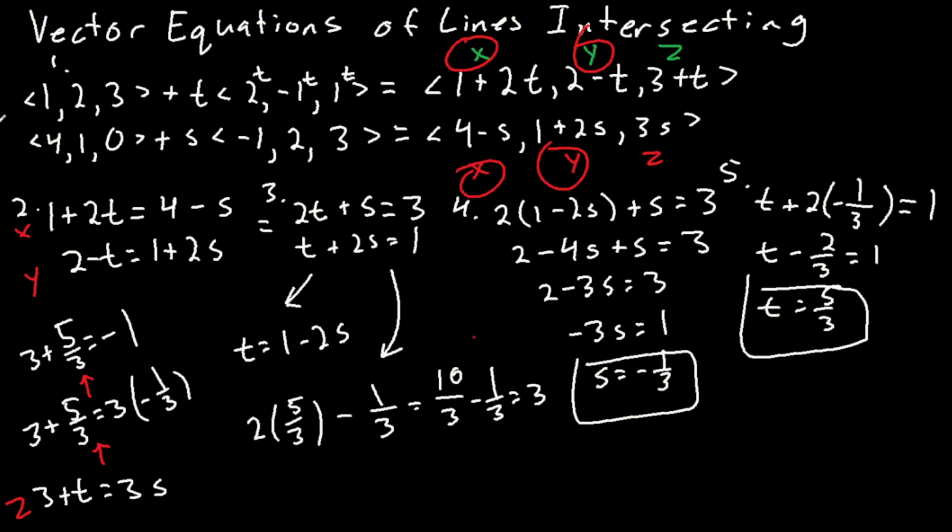But we plugged in the s values and t values that we found, where x and y were the same, and then we plugged them into the z value to see if the z values are the same as well. If the z values are the same as well, then that means the lines intersect at those given s and t values. So we plugged it in. Are these equal to each other? No, they're not. Therefore, these lines do not intersect.